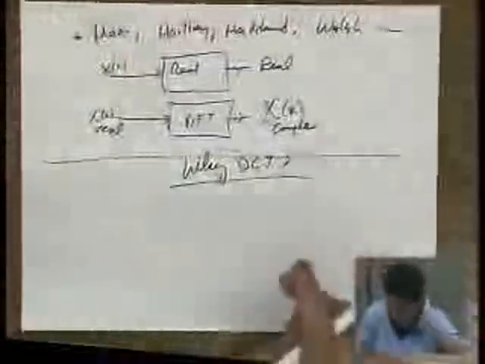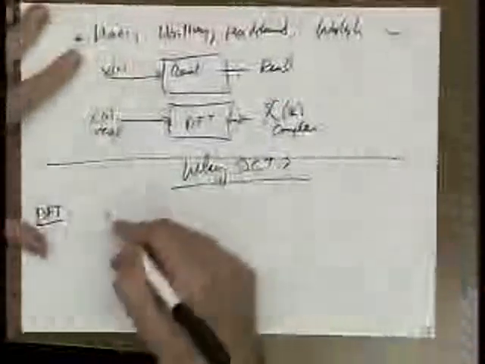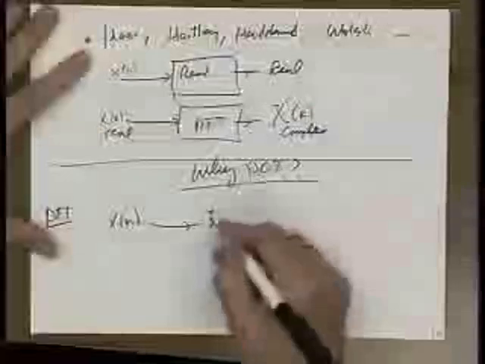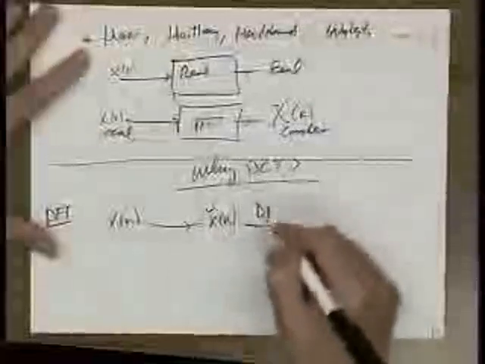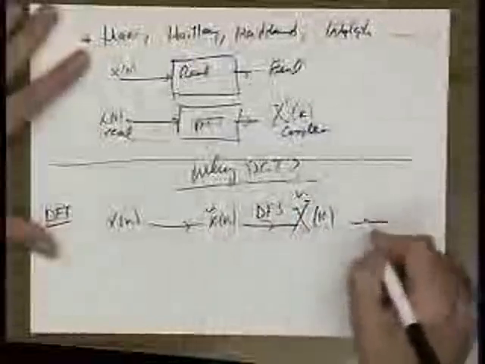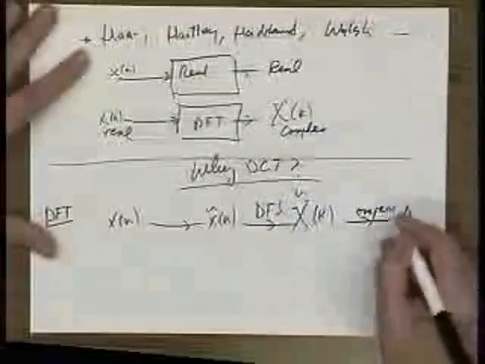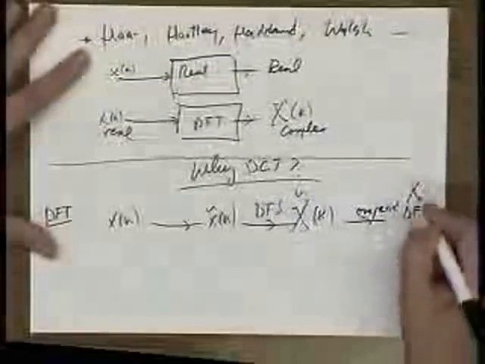That's 50 years old. If you think about DFT, you start with x of n, you make the signal periodic, and then you take the discrete Fourier series of it, which is X tilde of k, and then you take one period, and that's DFT, which is X of k.